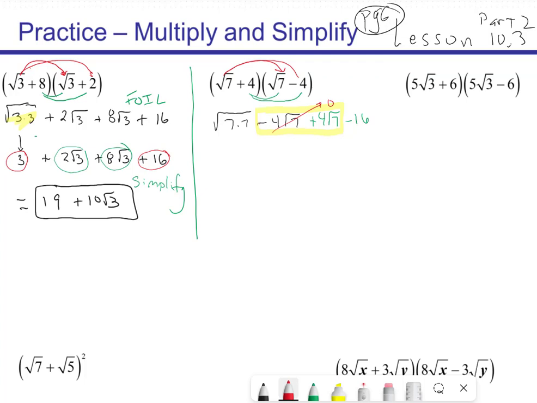Now, on the first multiply, if you elected to just say, oh, square root of 7 times square root of 7 is the square root of 49, that is a perfect answer. But if you elect to do this other way, now I suggest you watch the YouTube videos, because there's like 3 or 4 of them that are really good to help you understand how to do these numbers.